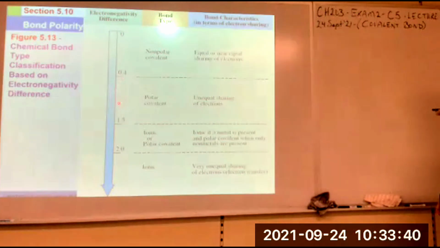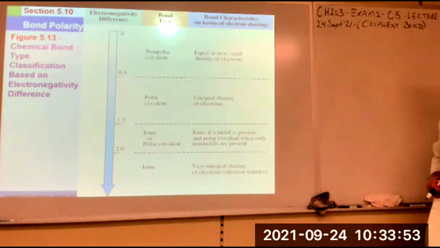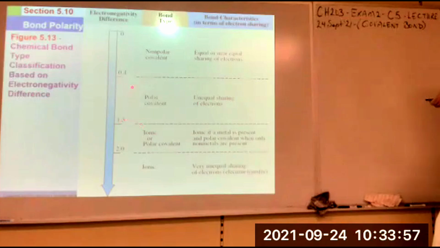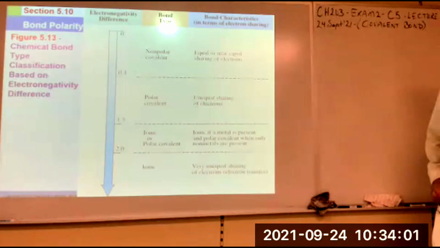If it's between 0.4 and 2, then we're in the covalent range. But there's a dividing line in there also, 1.5. If the difference between those Pauling numbers is between 0.4 and 1.5, we say we have a polar covalent bond.